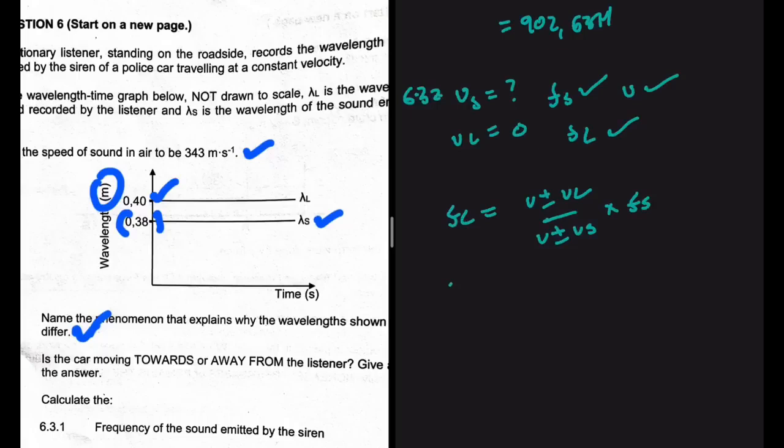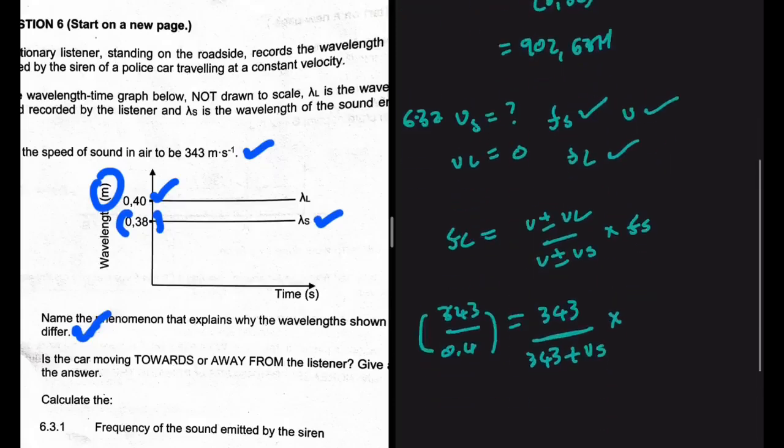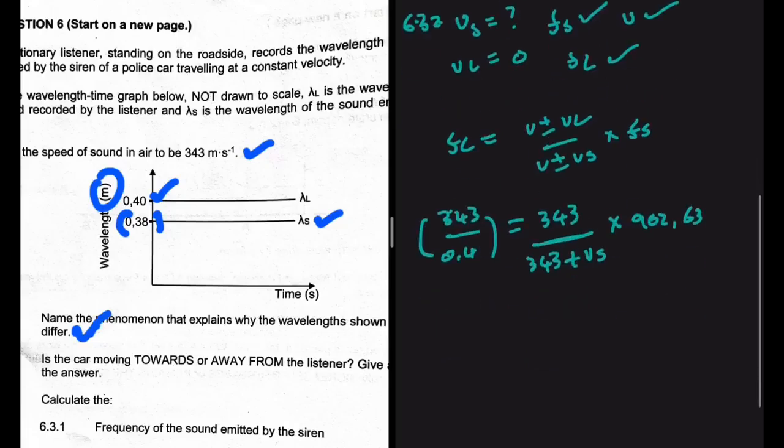So FL, the frequency observed by the listener, is 343 divided by the wavelength, which is 0.4. And then we have V, which is 343. The listener is stationary, so plus or minus 0. And then we have 343. The sound source is moving away, so we're going to have plus Vs, multiplied by the frequency emitted by the sound source, which is 902.63.